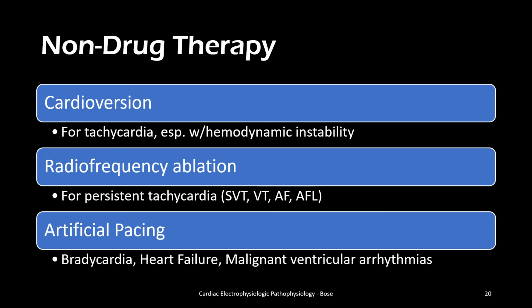In this, a catheter is threaded up to the heart to destroy tissue that may be causing abnormal signals in the heart. And finally, a patient with slow heart rate or heart failure or malignant ventricular arrhythmias may also receive an artificial pacemaker, which is what artificial pacing means.